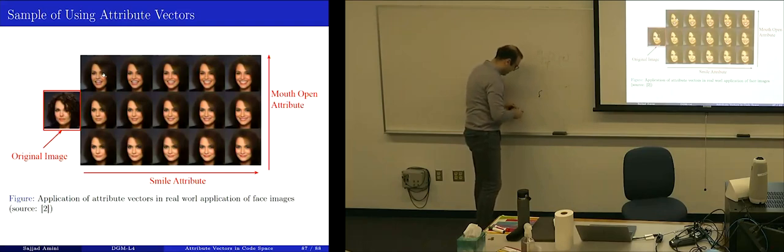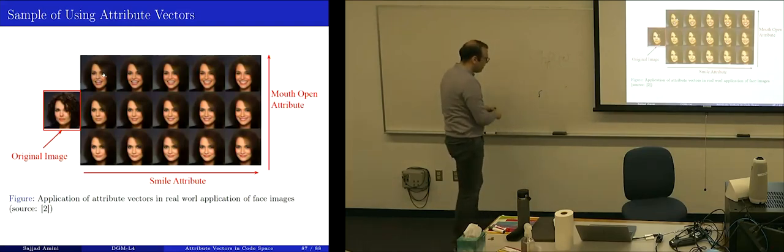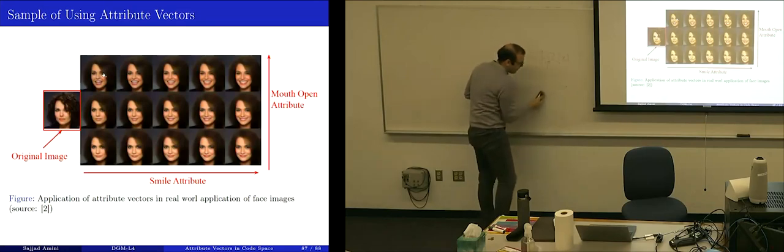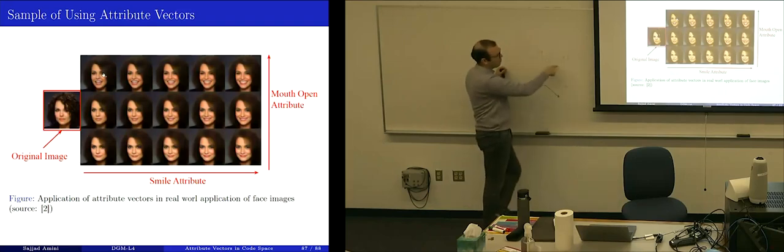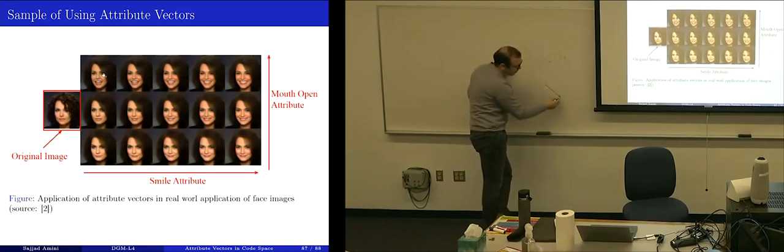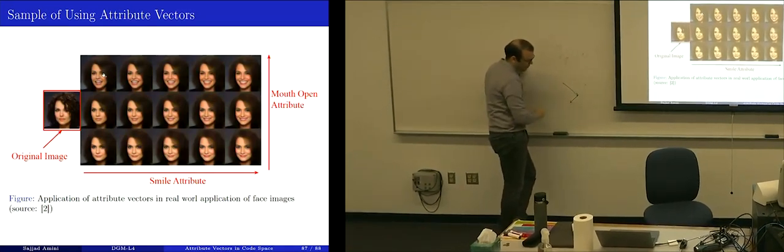Assume that this is the z vector of that image. This is the z vector of that image. How? By this procedure. And now I know the smile attribute. Assume that this is a smile attribute. I start adding this smile attribute with different lengths to the vector.